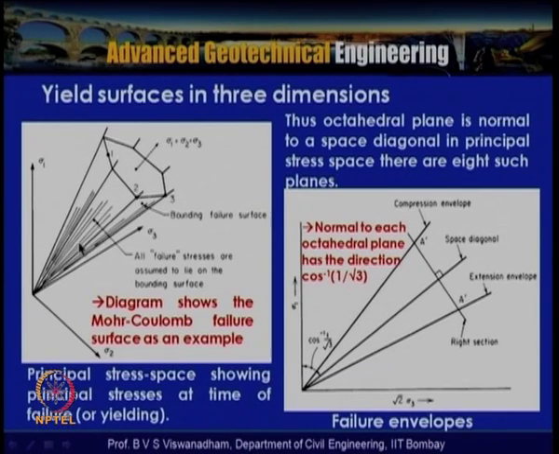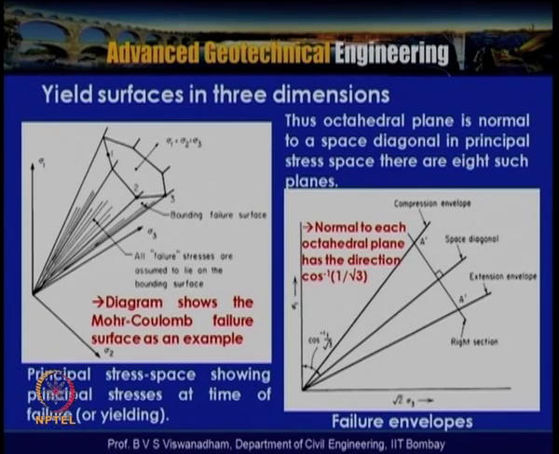All failure stresses are assumed to be on this boundary surface. This is the principal stress space showing the principal stresses at the time of failure or yielding.